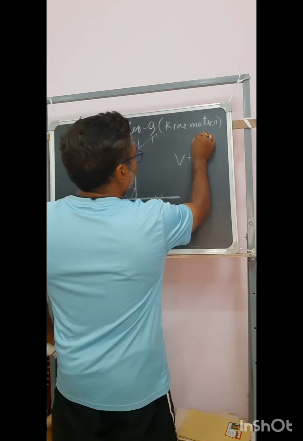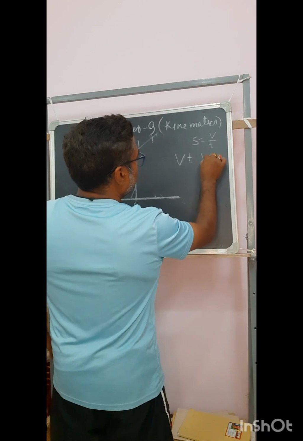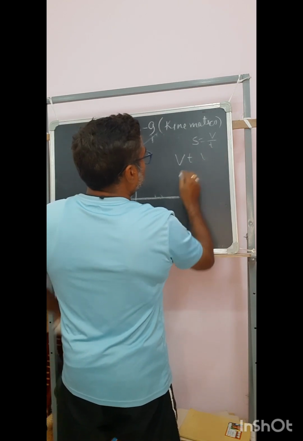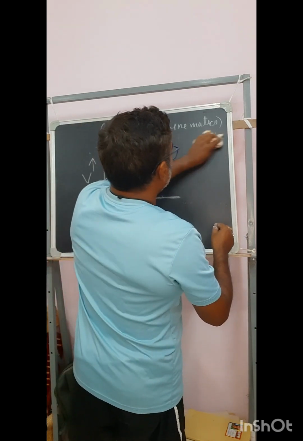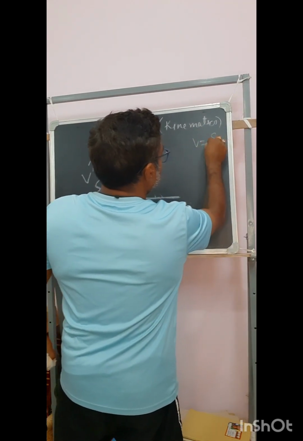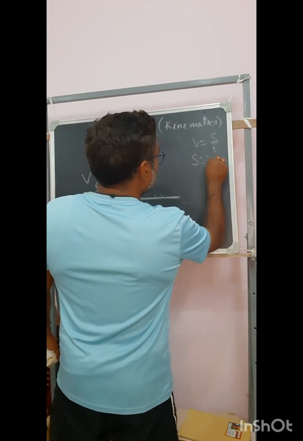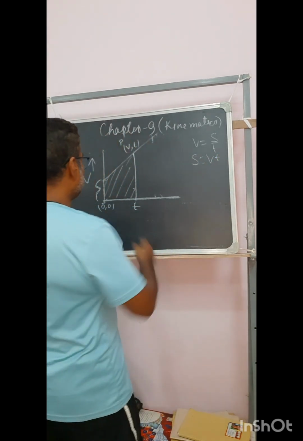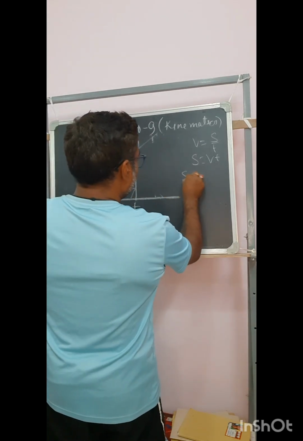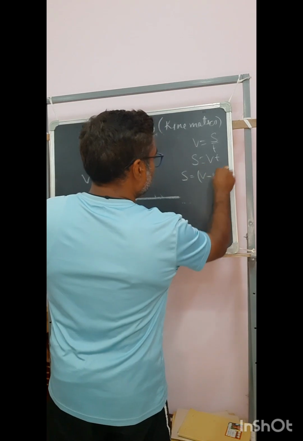Because I know that v is equal to s by t. The velocity is nothing but displacement upon time. So from that what I have achieved, vt, or specifically if it is having initial velocity, then v will be exactly this one.